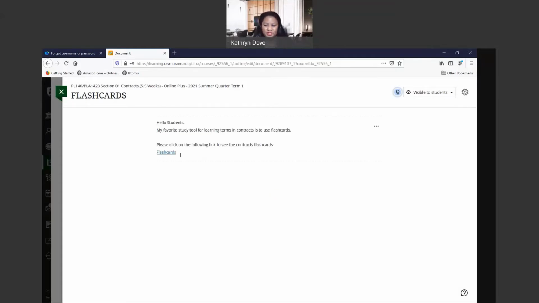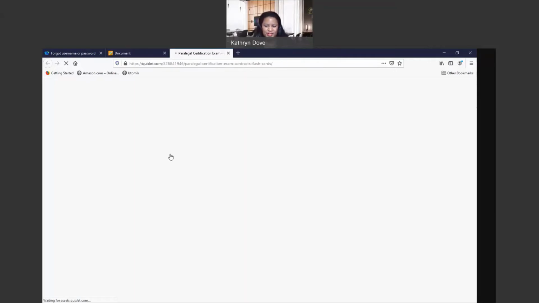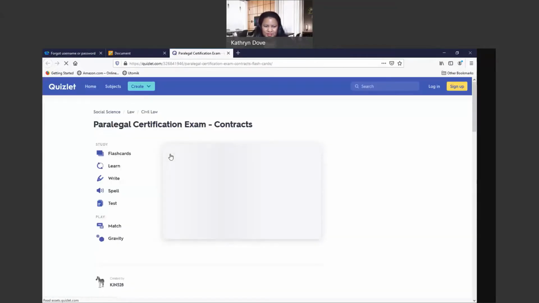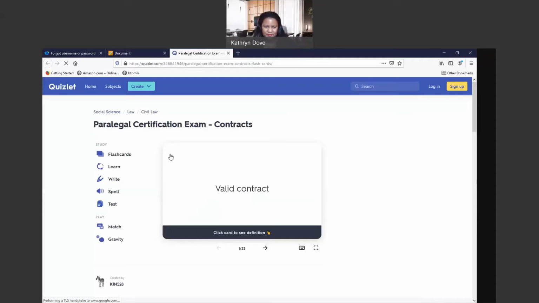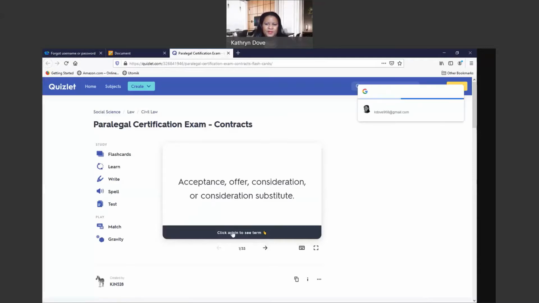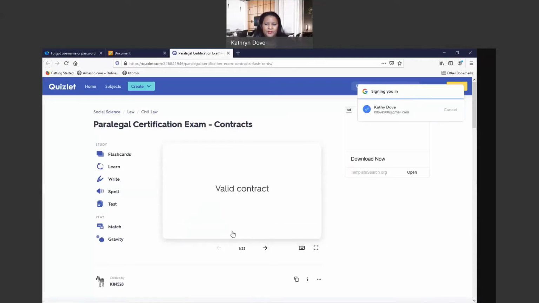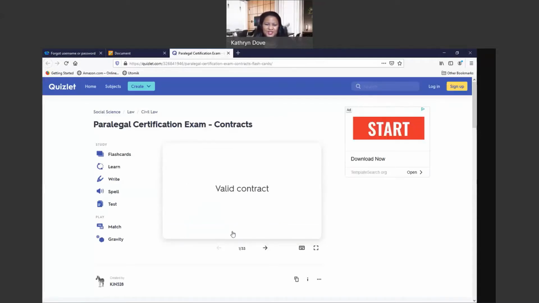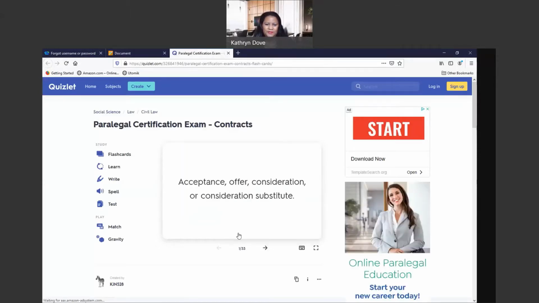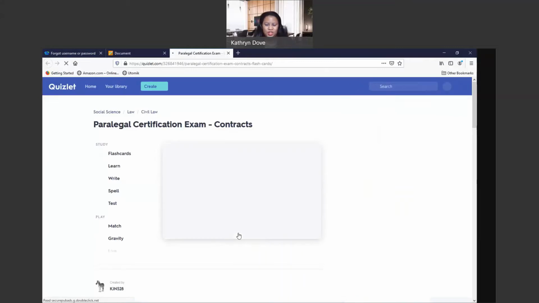They're my favorite study tool for learning all of the terms that you'll need to know in contracts. Starting out, if you want to know what a valid contract is, you would simply click on the button. A valid contract requires offer, acceptance, and consideration.